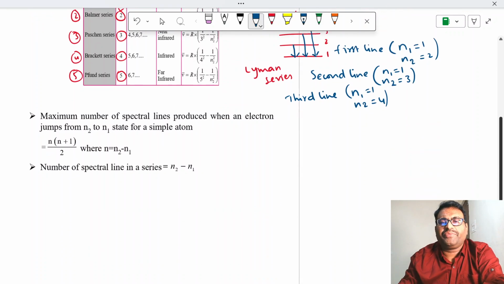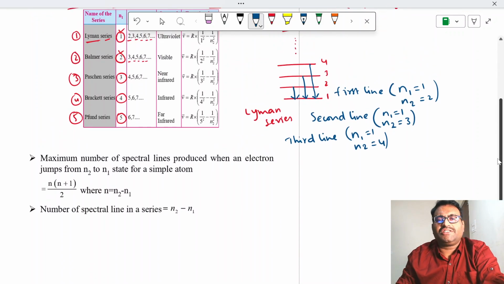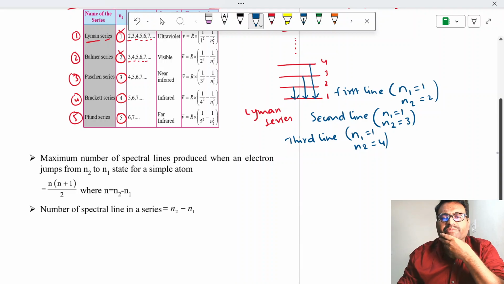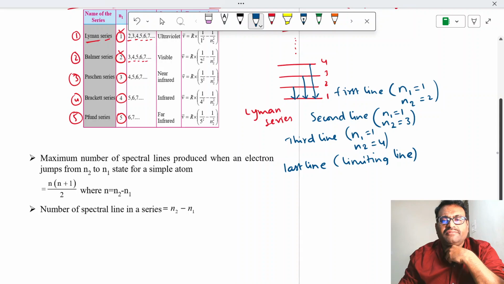In this way, when the electron is de-exciting from infinity, that is called the last line or limiting line. After that, we don't have any line. Then n1 is equal to 1, n2 is equal to infinity. This is all for the Lyman series.